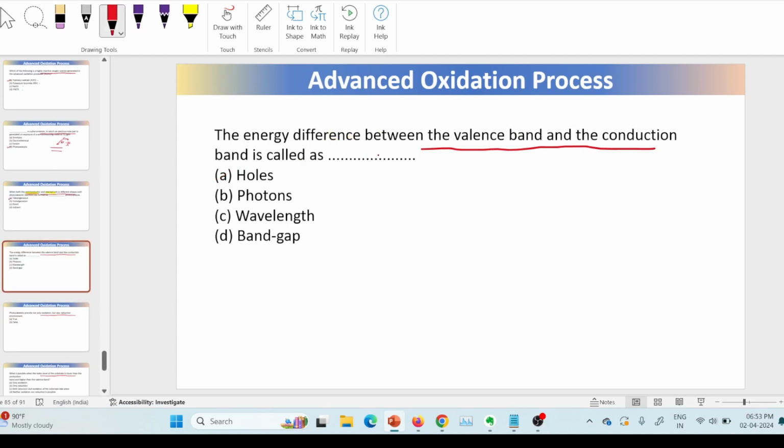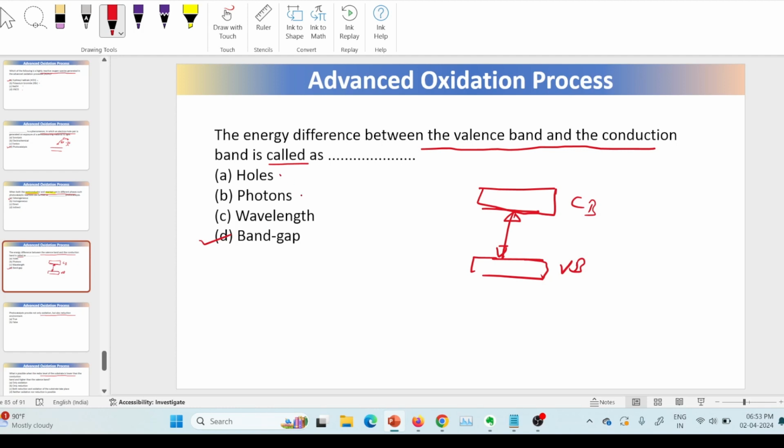The energy difference between the valence band and the conduction band is termed as the band gap.